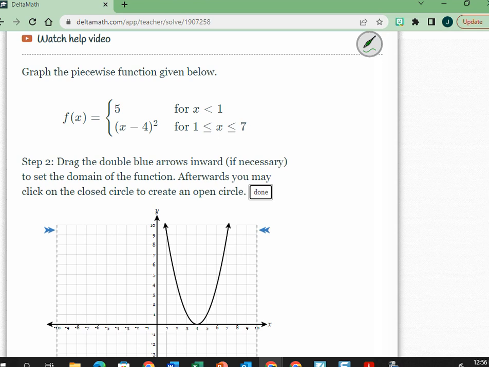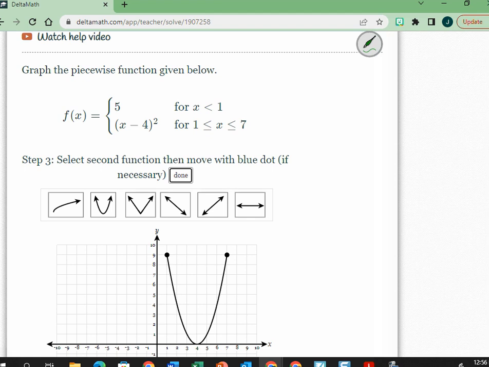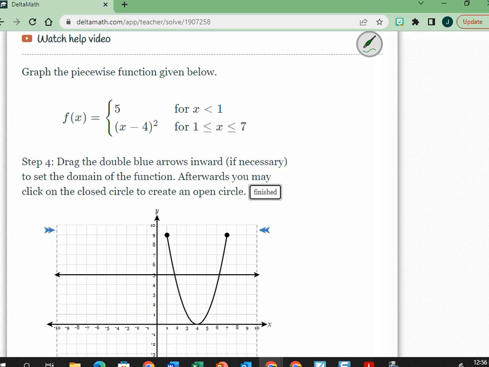So I bring this one all the way in until 1. I bring this one in until 7. Click done. Then I can move on to the other line. Okay, it's at 5. Great, done. Bring this in because I want it less than 1. And I want that open. You guys see how you do that in steps? There's 5 graphs, that's all.